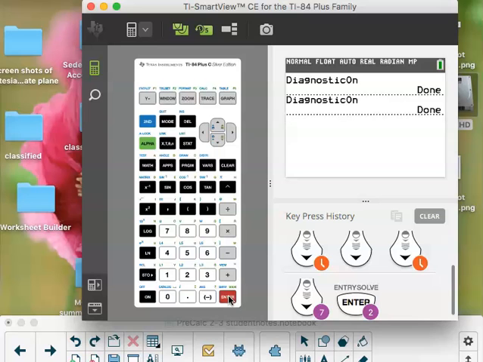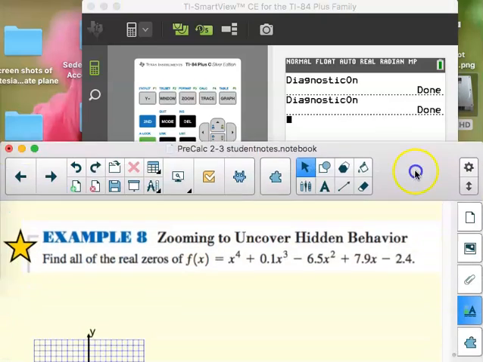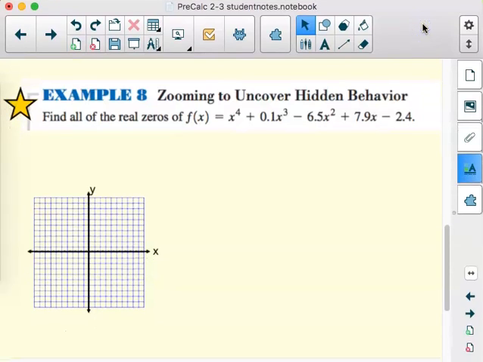We're not going to be doing linear regression today, but we're going to use some of the other regressions that we have in our stats portion of our calculator. So to start with, not with the stats, we're going to talk about zooming to uncover hidden behavior, and we've got: find all the real zeros of f of x equals x to the fourth plus 0.1 x cubed minus 6.5 x squared plus 7.9 x minus 2.4, because we're continuing on our objective of figuring out how to graph polynomial functions, and that means all of them.